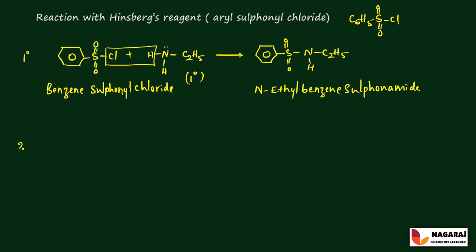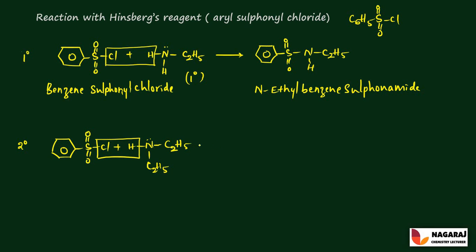And let us see the reaction with the secondary amines, that is benzene sulfonyl chloride reacts with the secondary amines. So secondary amines means two alkyl or aryl groups attached to the nitrogen. So this nitrogen contains only one hydrogen. Such compounds are generally called as secondary amines.